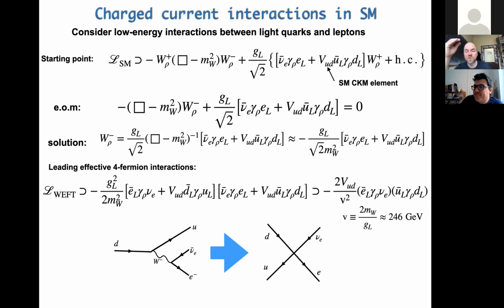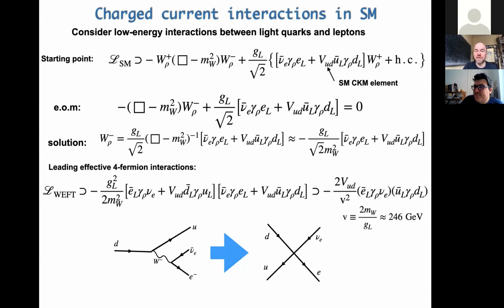Let me just focus on a very, very small part of this theory that involves the contact interactions between the leptons and quarks. In the high energy theory, these kinds of interactions, the charged current interactions, are mediated by the W boson.